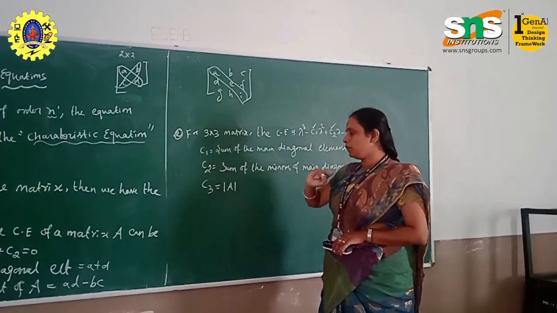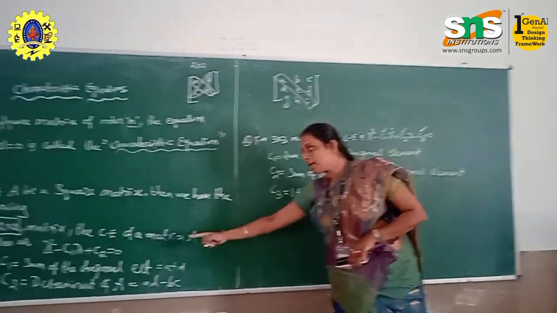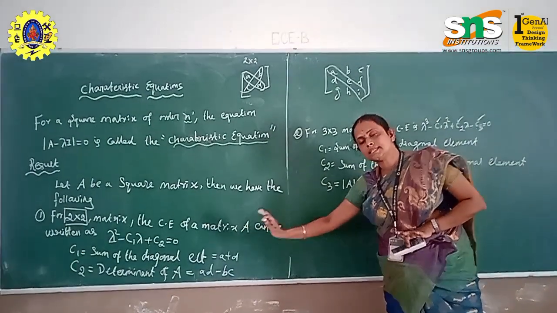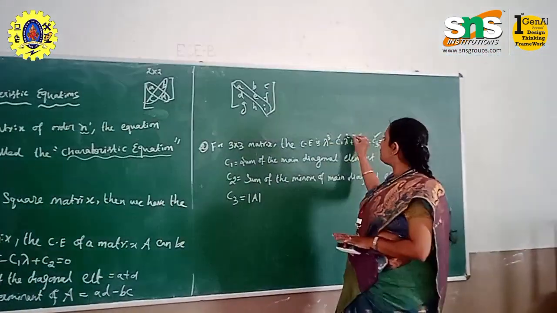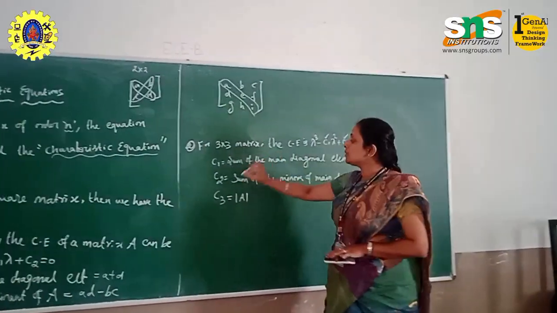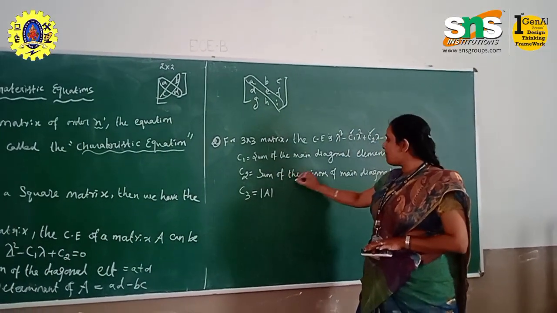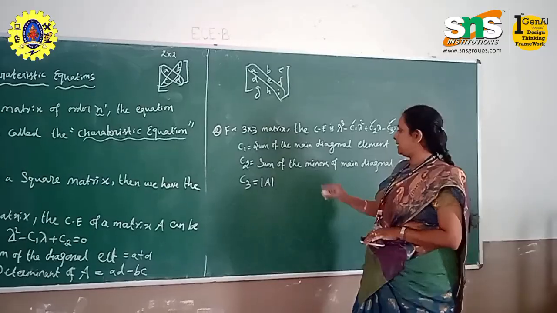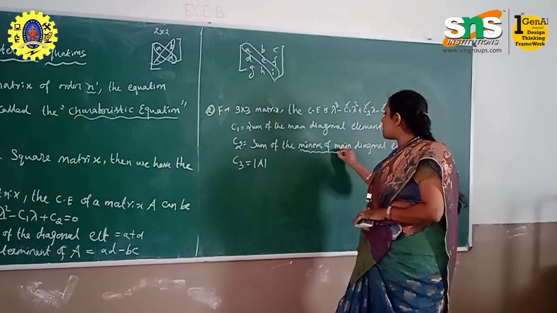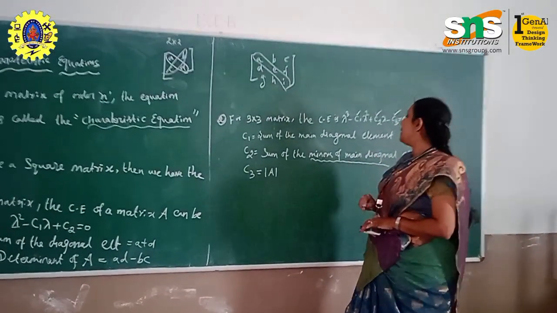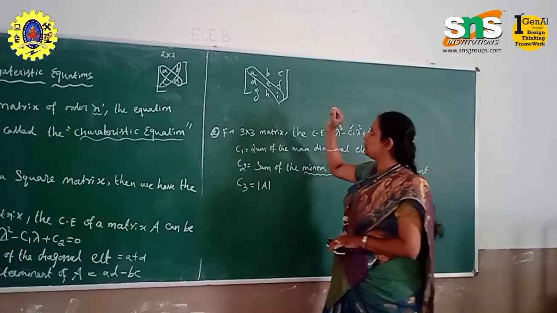Next, C2. In the 2 cross 2 matrix it is just the determinant of A, but here we have to find C2 and C3. C2 is the sum of the minors of the main diagonal elements.